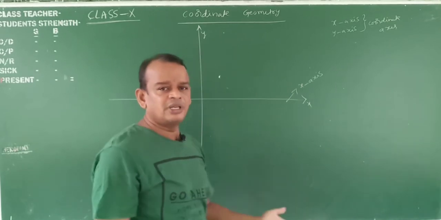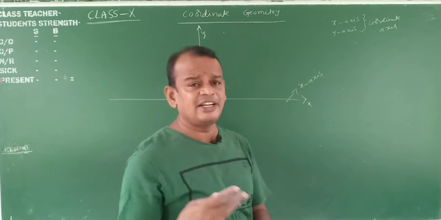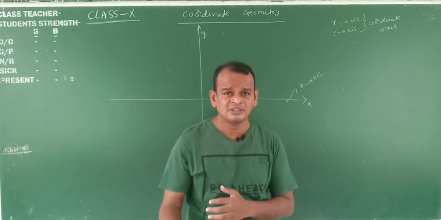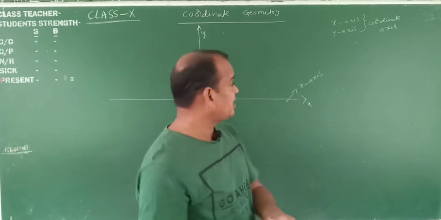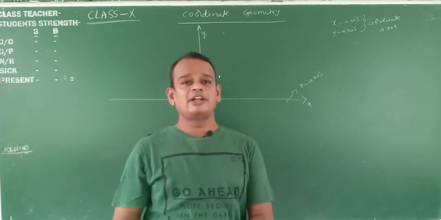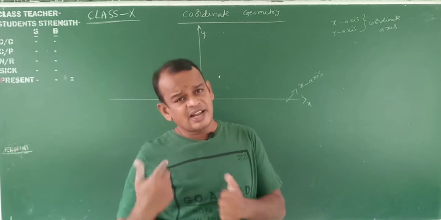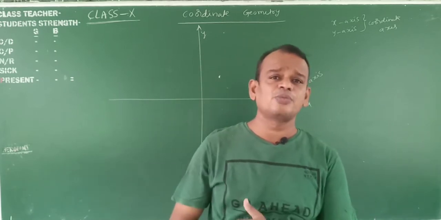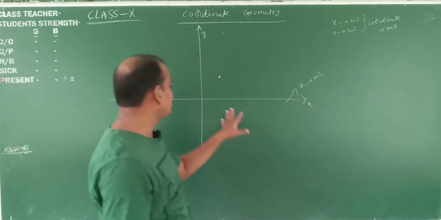If a line intersects the coordinate axes, what does that mean? The x-axis and y-axis; both together are called the coordinate axes.